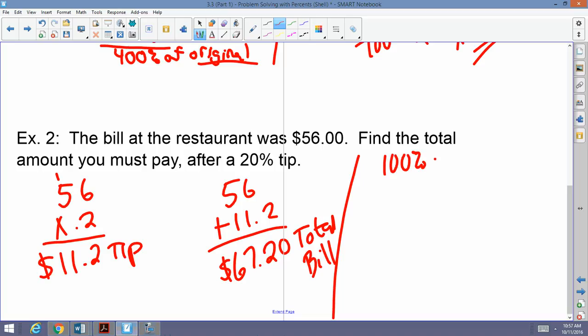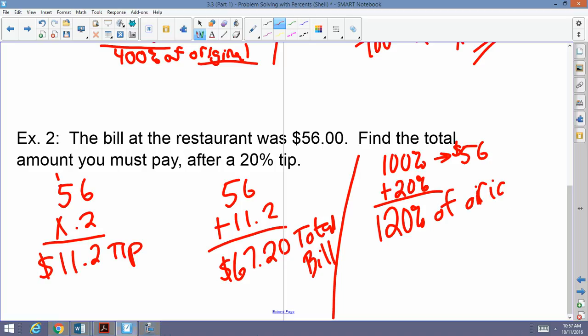Okay. Am I not adding 20% for tip, guys? So am I not paying 120% of the original? What aren't you seeing here? So it's 120 over 100 equals is over of.